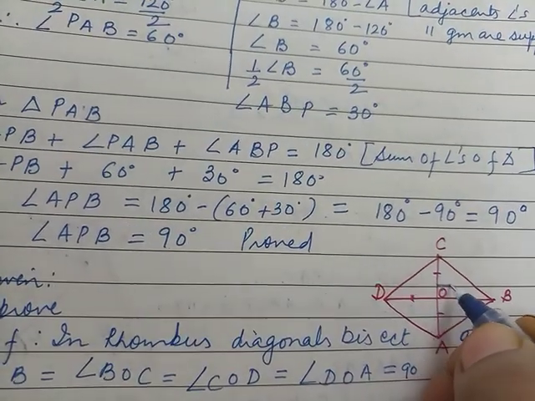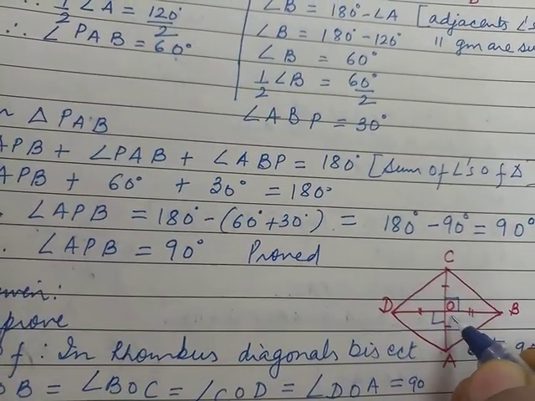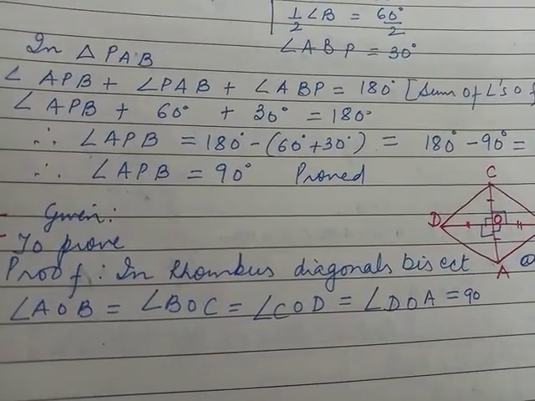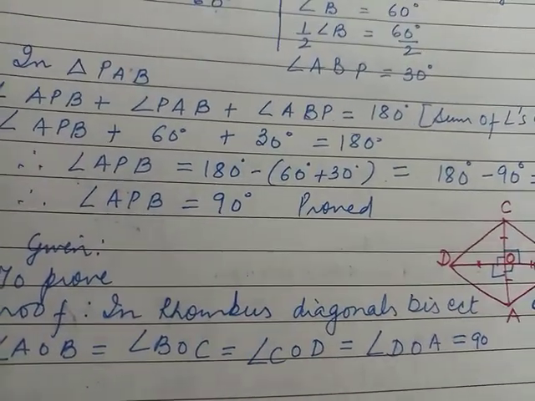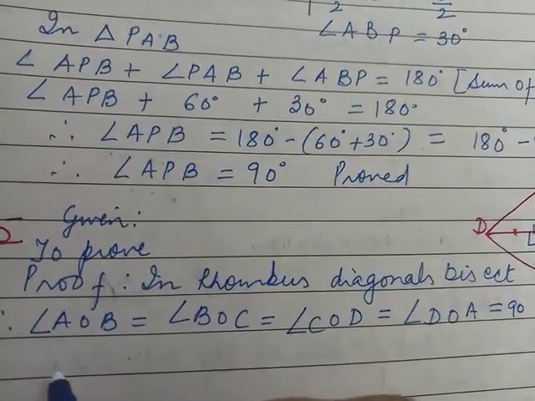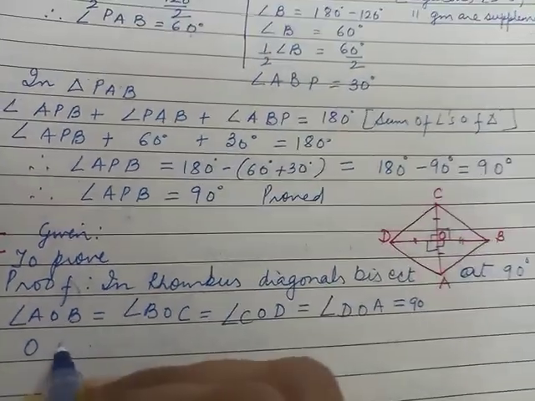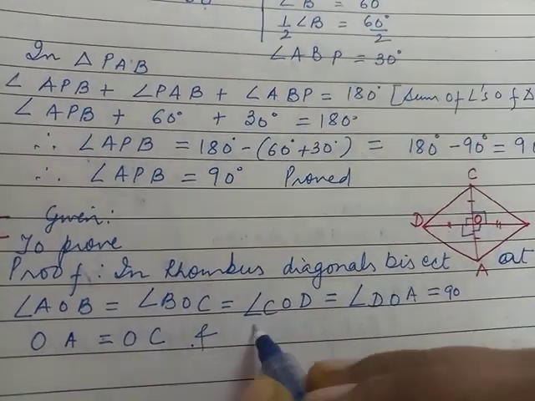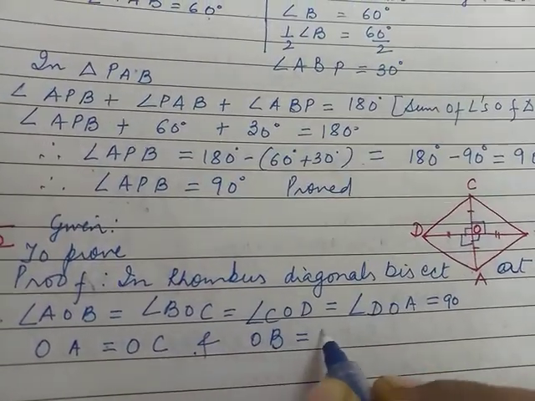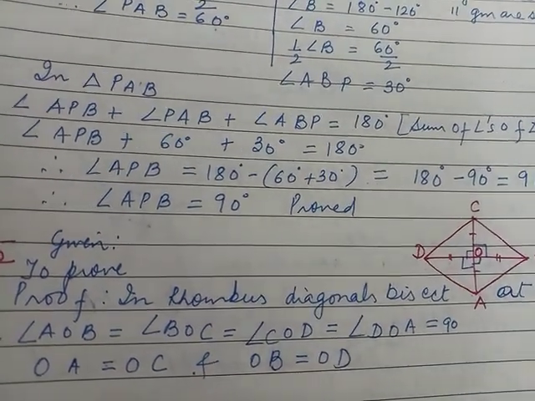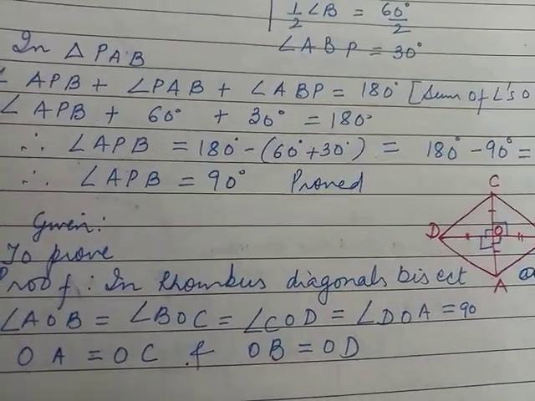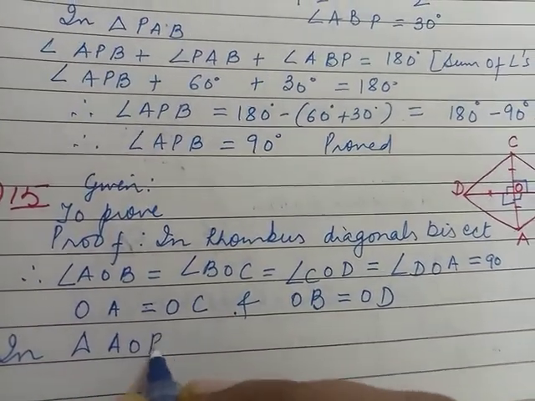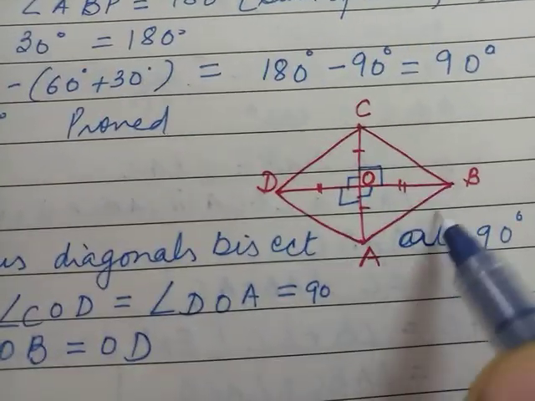See, these all four angles are 90. Okay, so I have written all these four angles are equal to 90 degrees. And what else do we know? Diagonals bisect each other. So OA is equal to OC and OB is equal to OD. Now I consider triangle AOB.